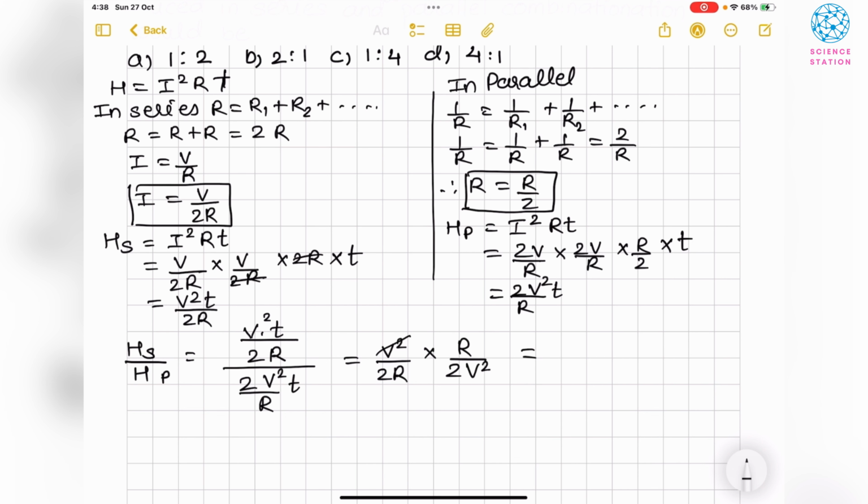So V square cancel, R cancel, so that will be 1 upon 4. So therefore I can say HS is to HP, that is ratio of series to parallel, will be 1:4.